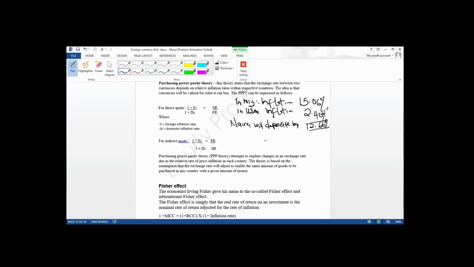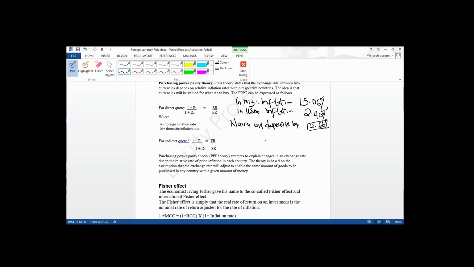This theory can also be used to forecast exchange rates between two currencies.